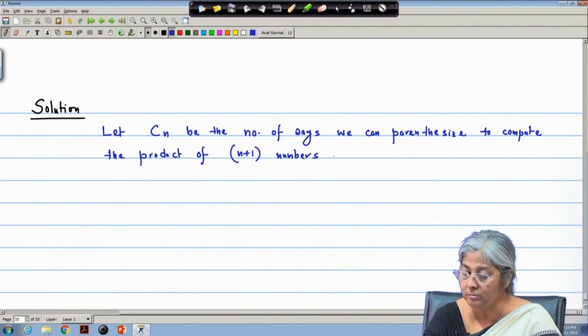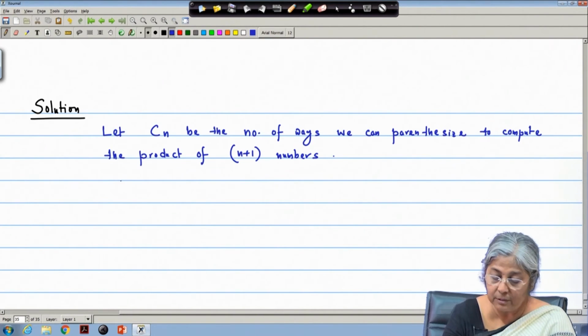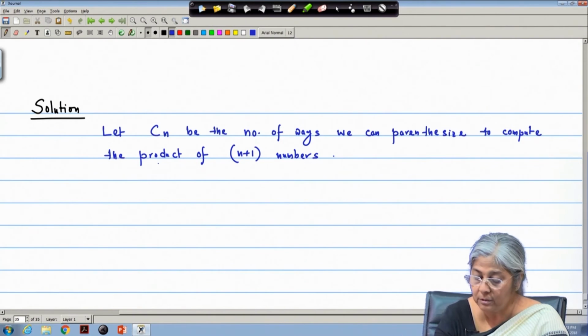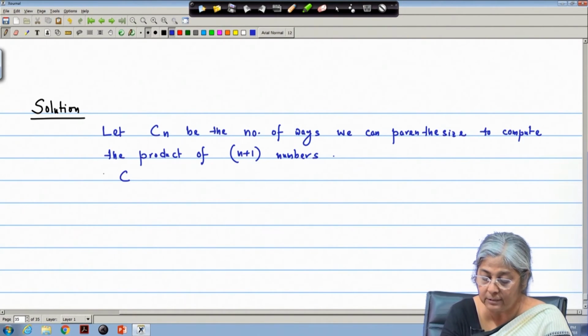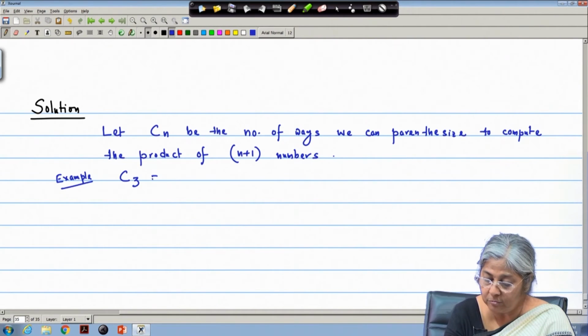Okay. And just now we have seen, as one example we have taken, that C3 equals 5 for n equal to 3.